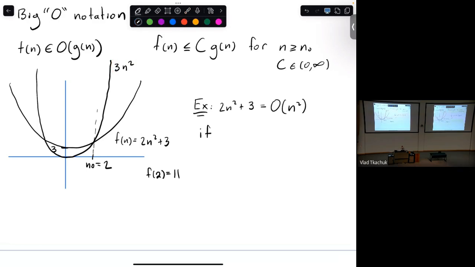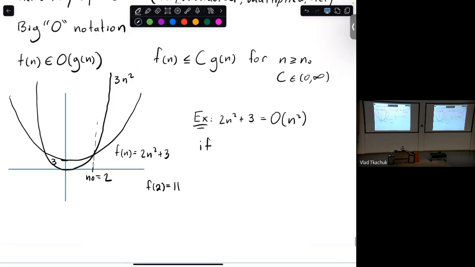And n naught should also be an element of the natural numbers. So this point would visually be somewhere a little bit to the right. That would be n naught.